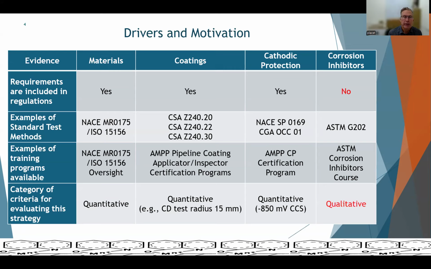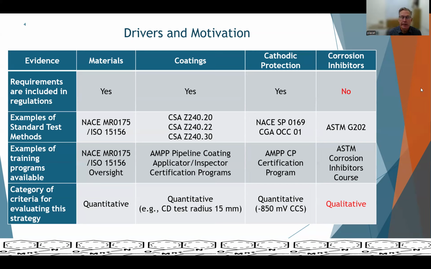In contrast, we've got this 80-year-old business of corrosion inhibitors, where the regulations only touch on stuff you need to do if you use corrosion inhibitors. They don't tell you when you should use corrosion inhibitors. So it's not embedded in the regulations. We have only one test method which can be considered an ASTM-level course, that's G202.